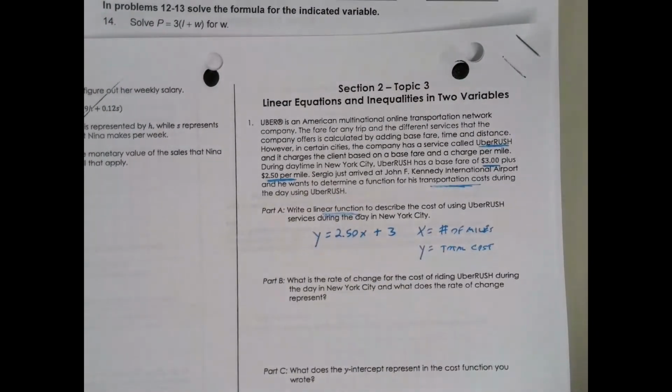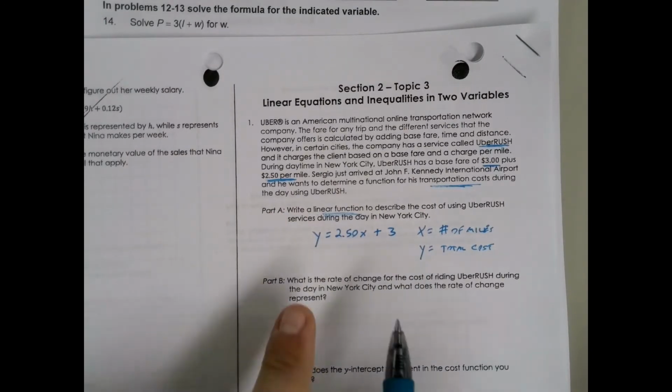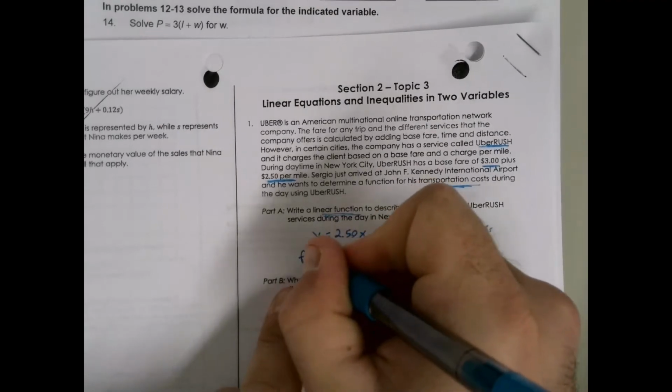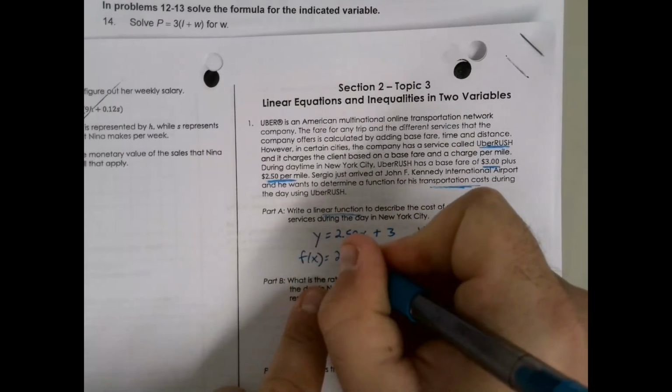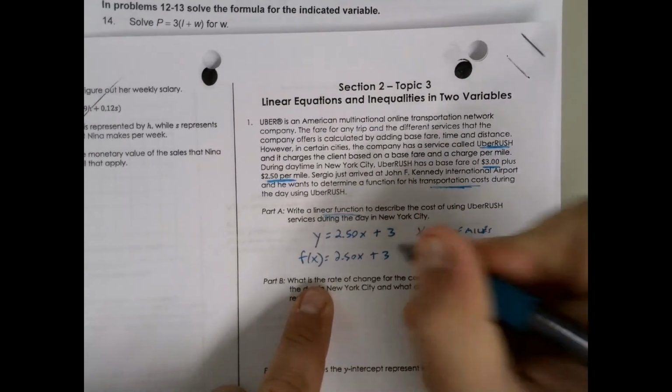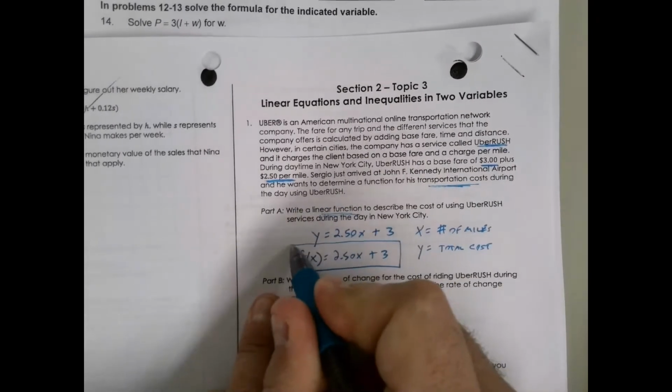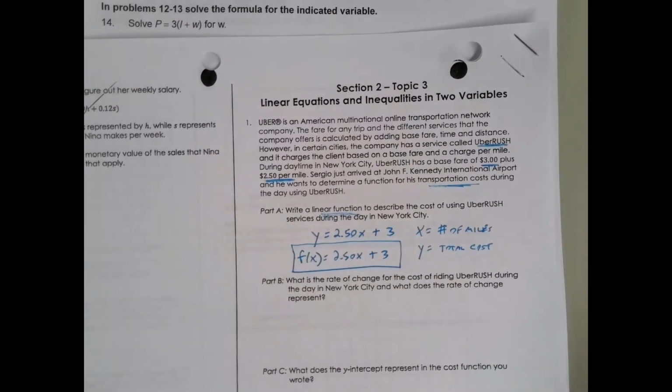Very good. So what we've just done is set up, in function notation, 2.50x plus 3. We've established an mx plus b function based on the business model, the cost function.